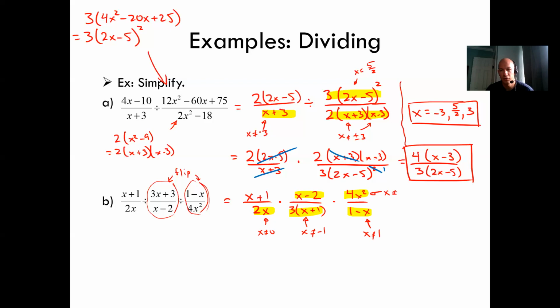This also says 0, and this one says 2. So putting that all together, x cannot be equal to -1, 0, 1 is bad, and so is 2.